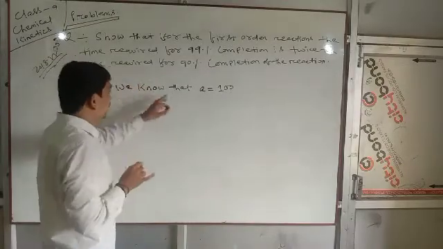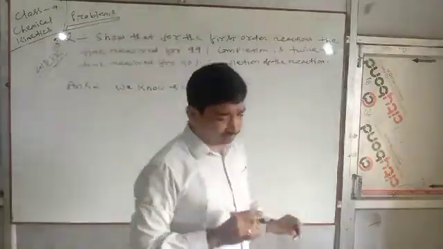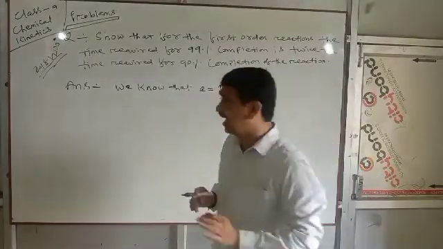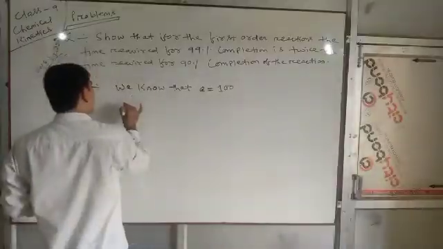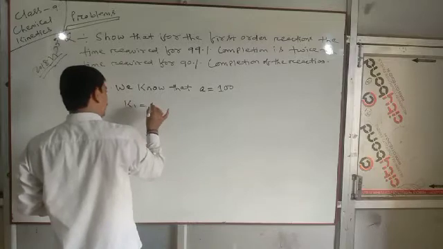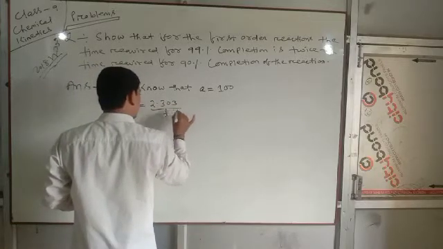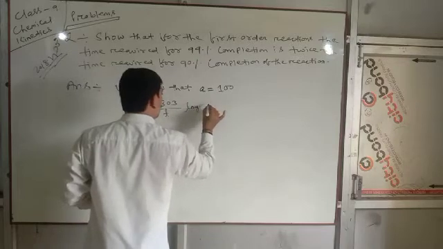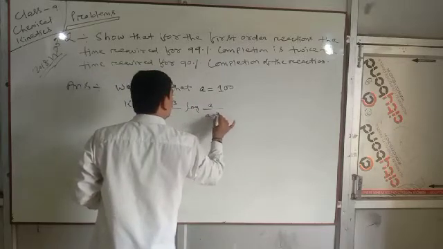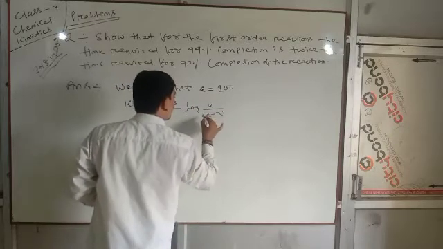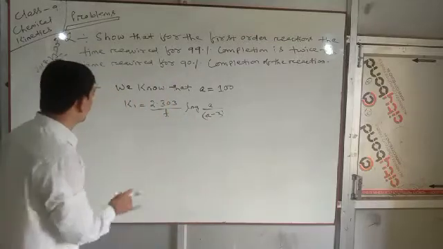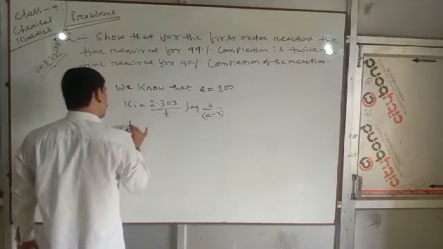Next, for a first order reaction, k1 equals 2.303 by t log a by a minus x. Clear?